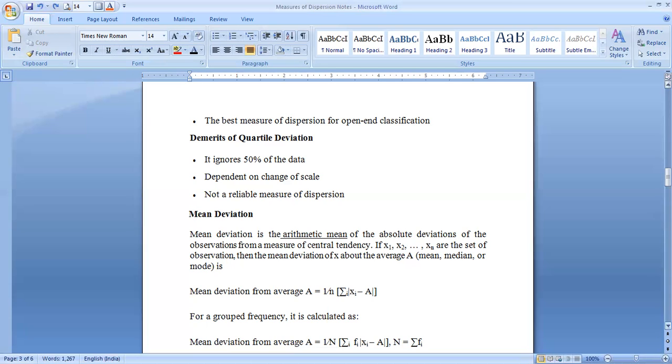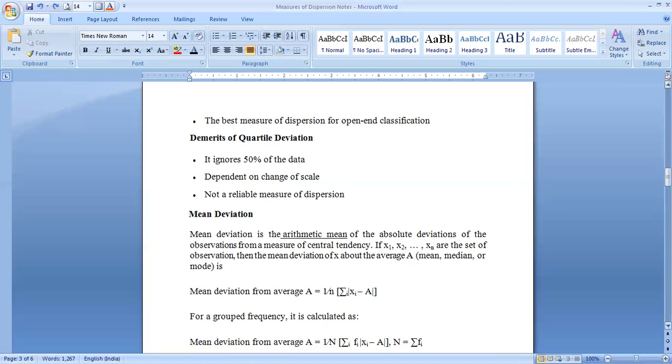For grouped frequency data, the mean deviation from the average A is given by 1 upon n summation of fi into modulus xi minus A. There is a difference between the two formulas: in the grouped frequency case the frequency term appears, and in the individual case it is not present.